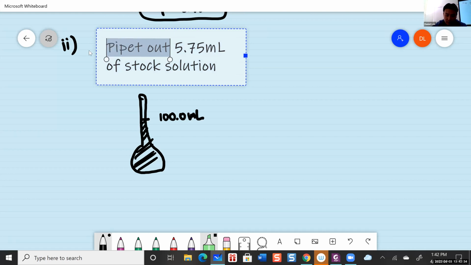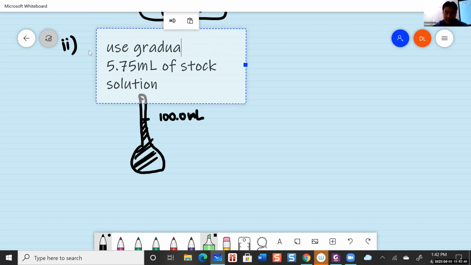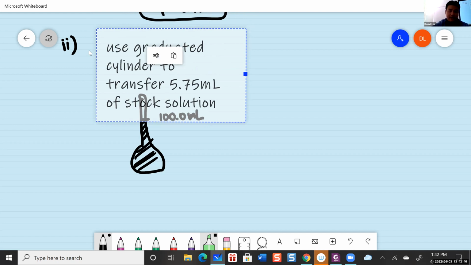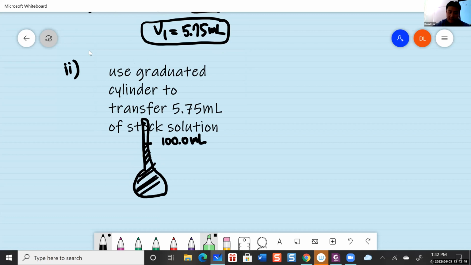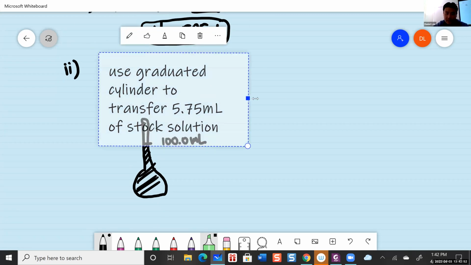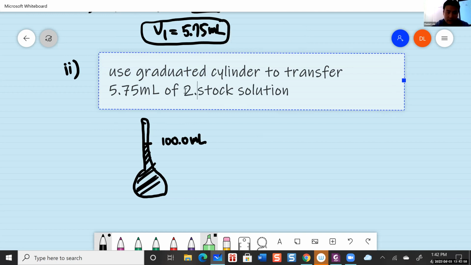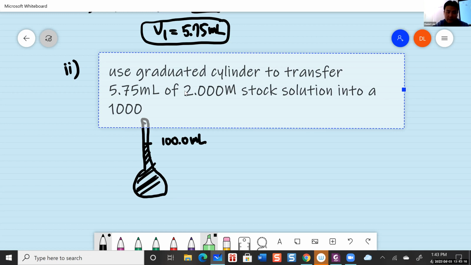I would say: use a graduated cylinder to transfer 5.75 mil of the stock solution, the 2 molar stock solution, into a 100 mil volumetric flask.